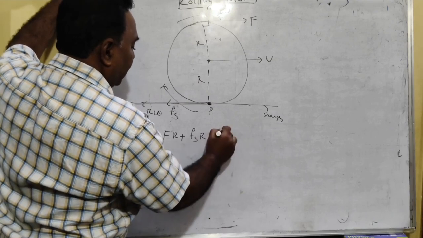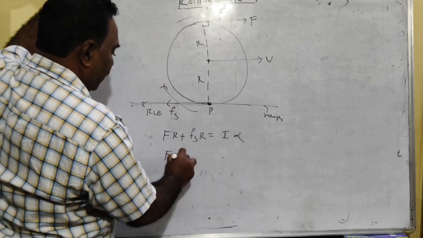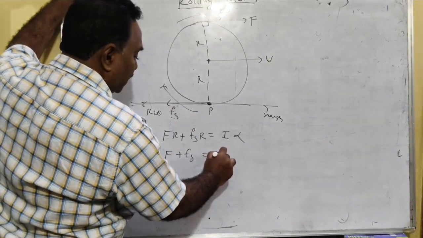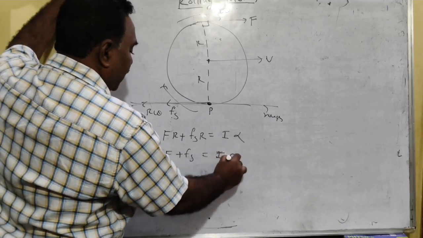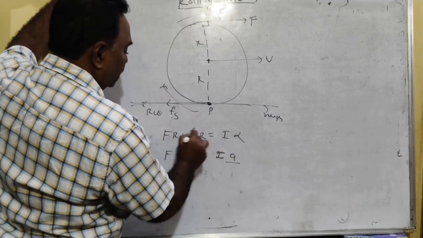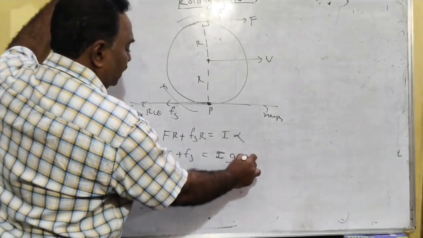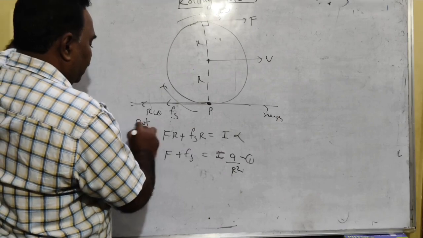Initially you write it as I into alpha. Therefore, F plus Fs is equal to I, which is mk square, and alpha means A by R, with R coming down, so R square. This is equation 1. This comes from the rotatory motion.